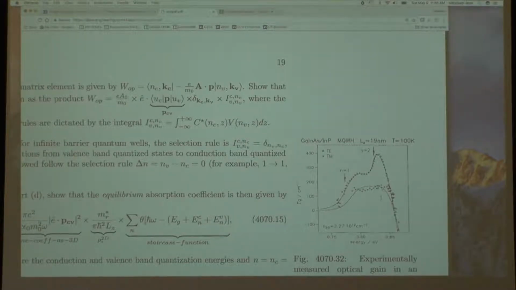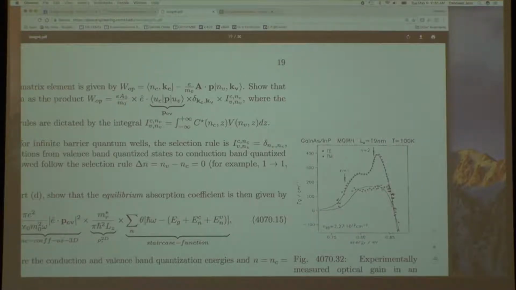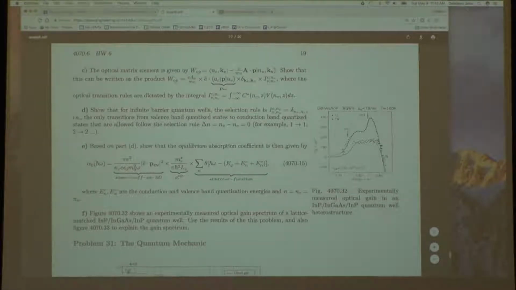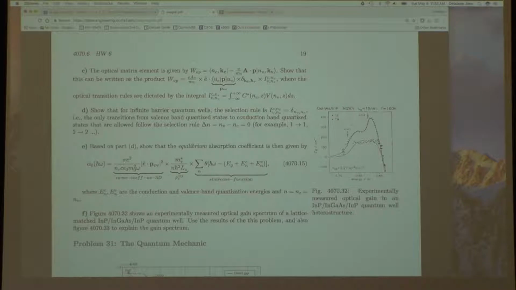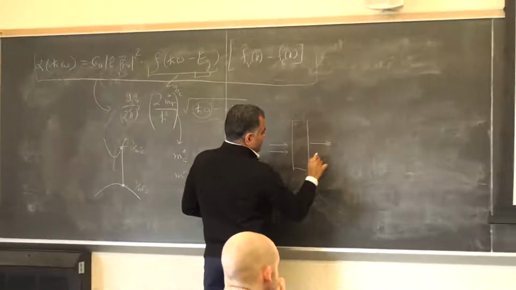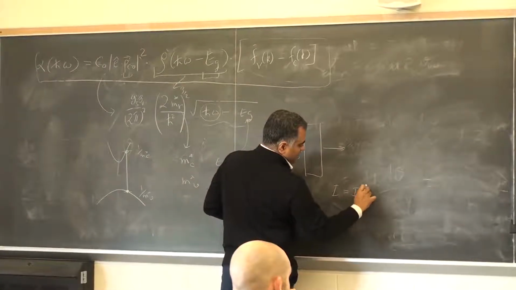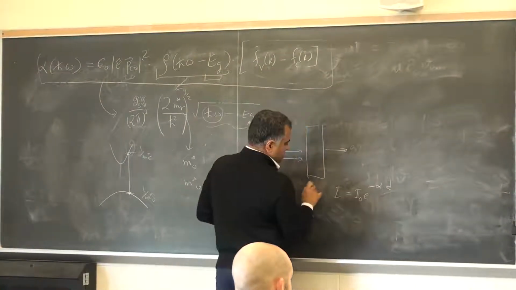After we go through the derivation today, hopefully it'll be clear how to work through that. Why does it drop to negative at high energies? That's when you actually start absorbing rather than gaining. Remember, when the photons go through the solid or the semiconductor, what comes out on this side is e to the power minus alpha times the distance through which it goes.